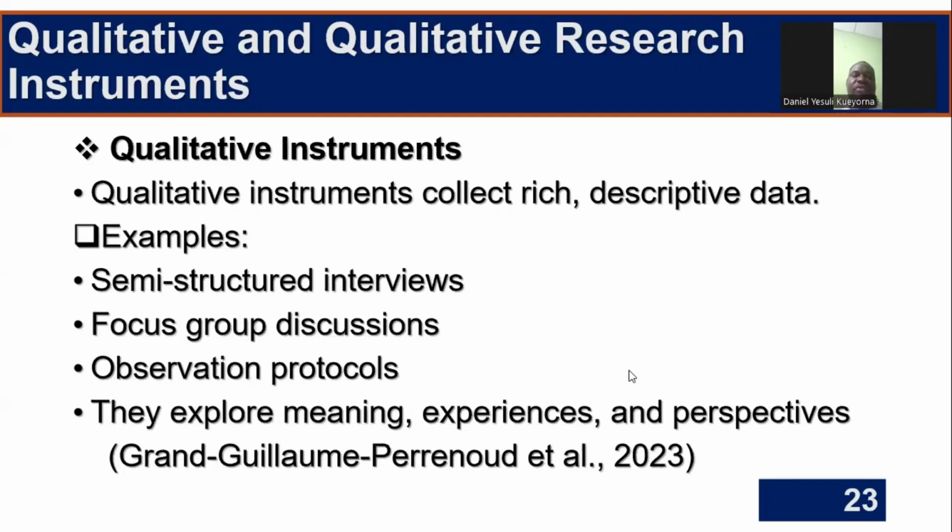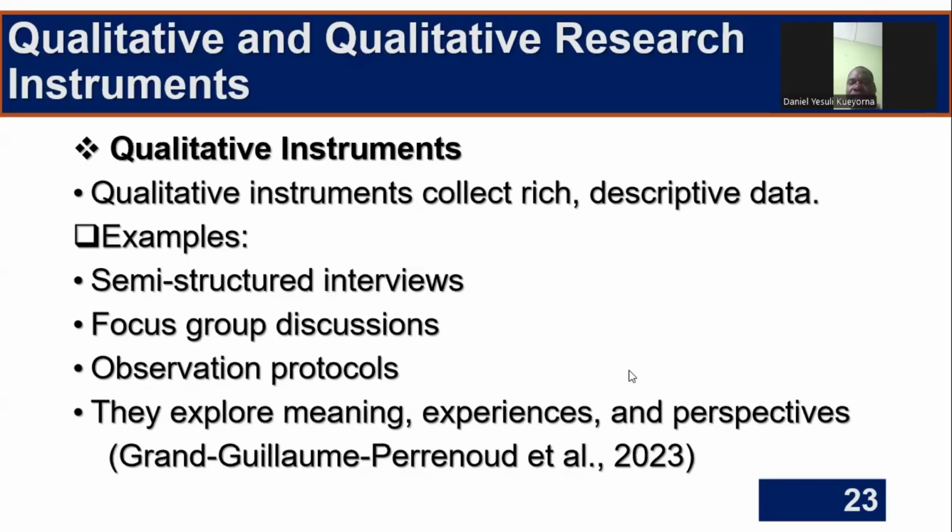So now let's look at qualitative instruments. Now we are looking at the reason behind the figures. So this one, qualitative instrument collects rich descriptive data. It describes vividly what happened behind the scene of the figures. So let's look at examples. We have semi-structured interviews, focus group discussions, observation protocols.